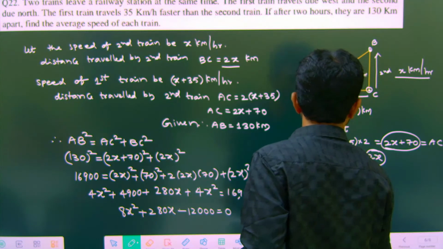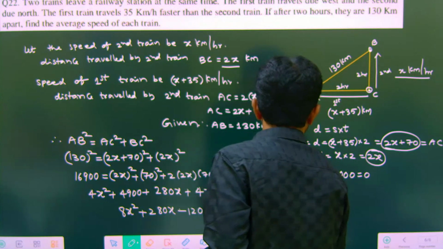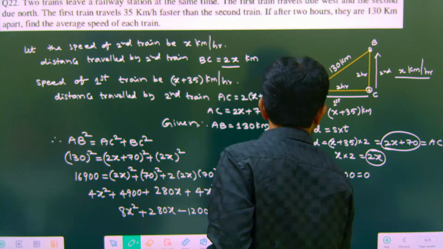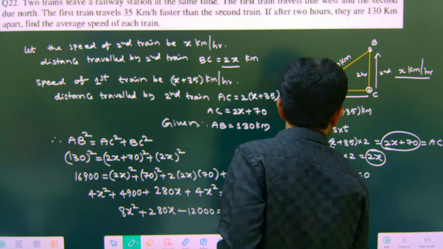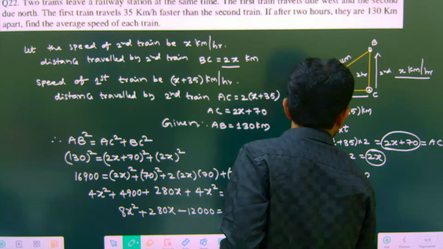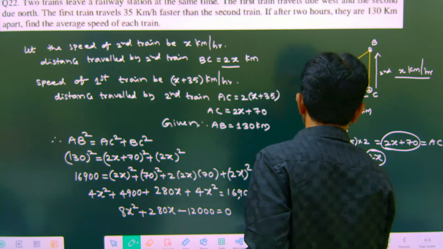So we can divide by 2, taking x square plus 35x minus 1500 is equal to 0. So this is our equation.